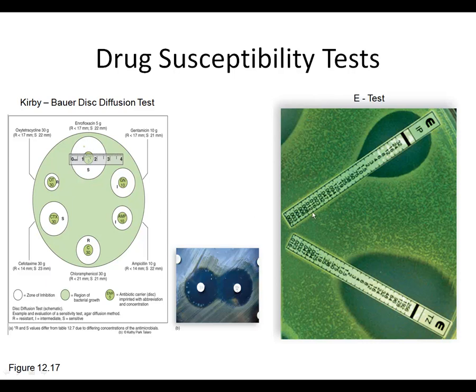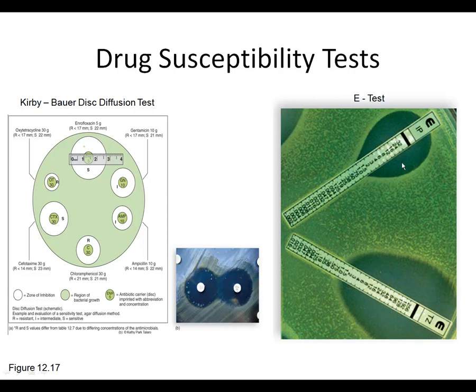If we come over here at this thing called the E-test, you'll see that this is a lot like the antibiotic discs here, but it is a long strip, and each one of these numbers is an increasing amount of the antibiotic on this strip. Each of these will be placed on a plate just like these discs are, and the antibiotics will leach out into the media.